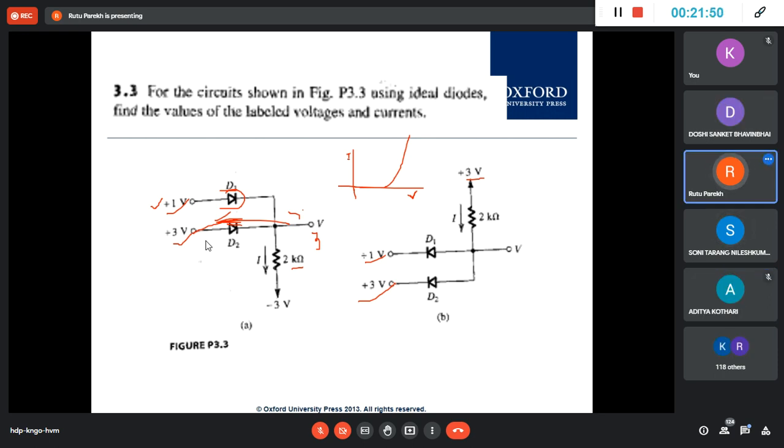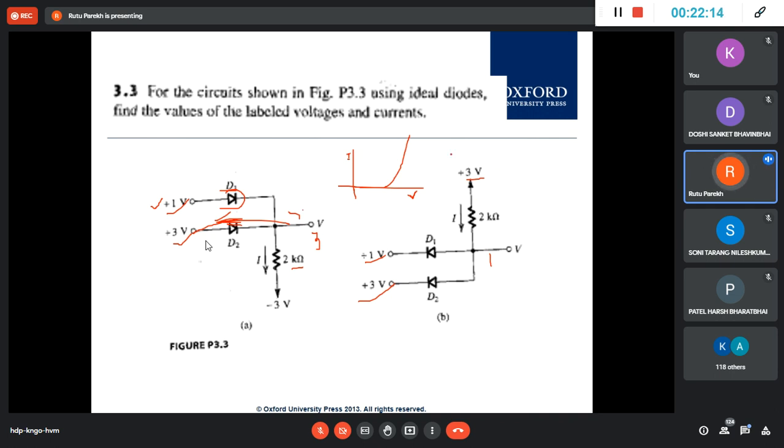D1. Very good. Right, because the potential difference is more. D1 will start conducting, so this 1 volt will appear here, and this one will get into reverse biased.